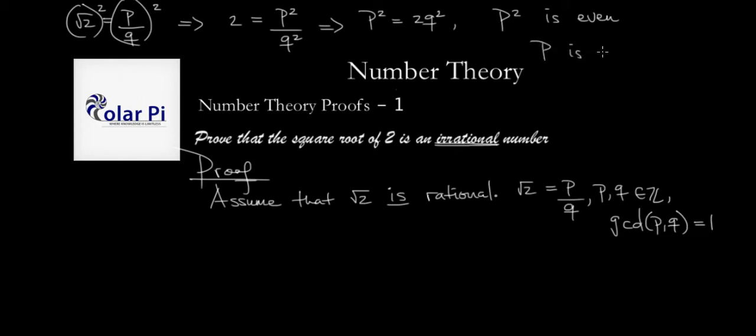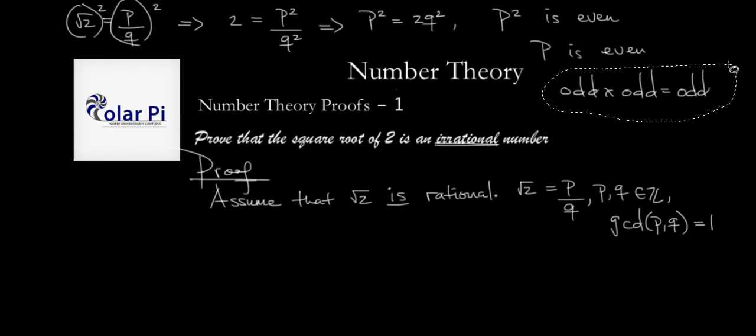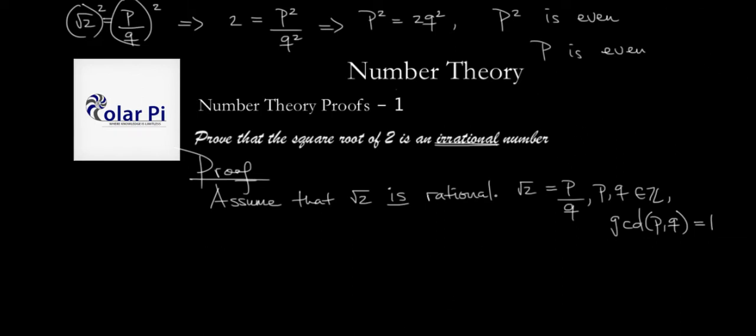And that's because p was either even or odd to start with. If we assume that p was odd, and we did odd times odd for p squared, then we'd get an odd number. But p squared is even. Therefore, p must have been even, because that's the only way we can get p squared to be even, right? So to summarize, if p squared is even, then it must follow that p is even.